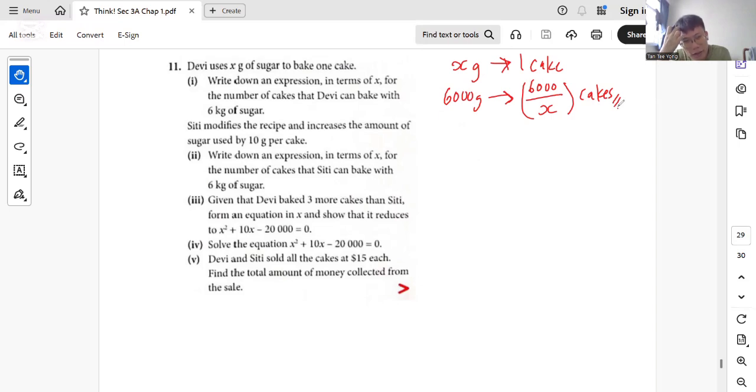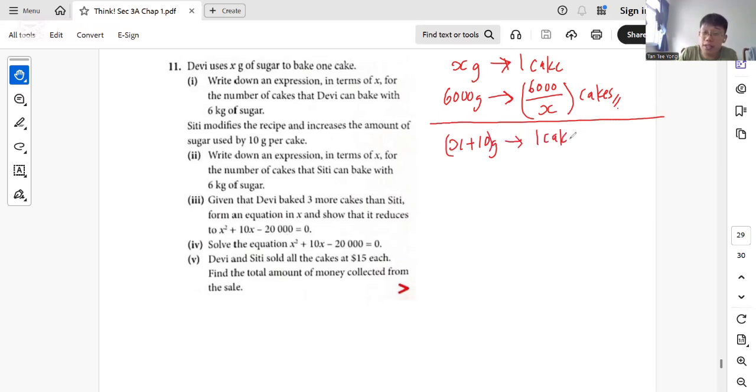Then for part 2, Siti, another lady. Siti modifies the recipe and increases the amount of sugar used by 10 grams per cake. So now for Siti, it is X plus 10 grams for one cake.